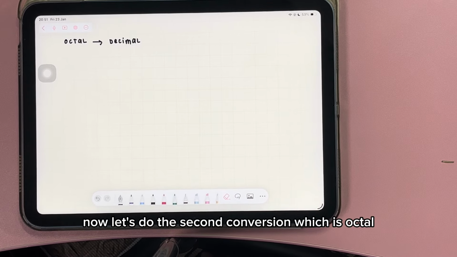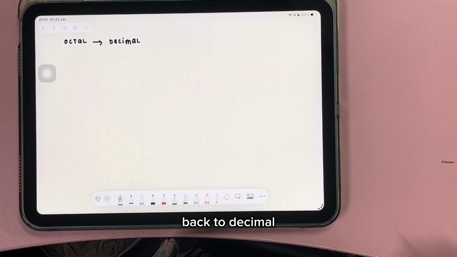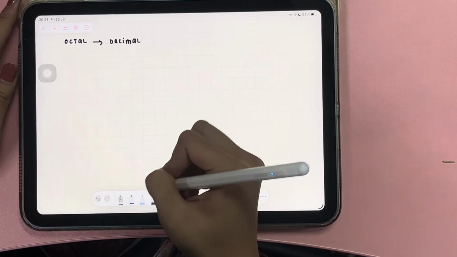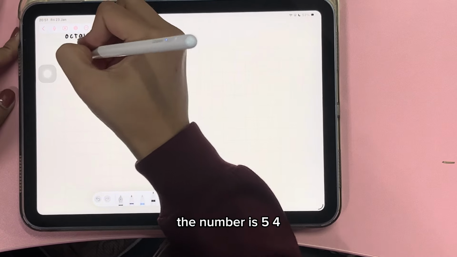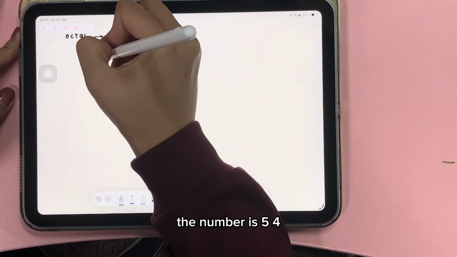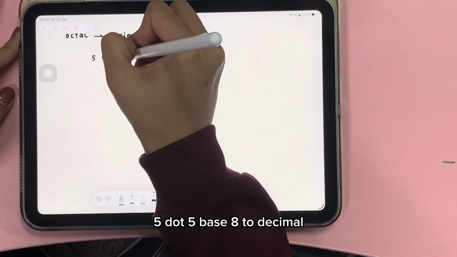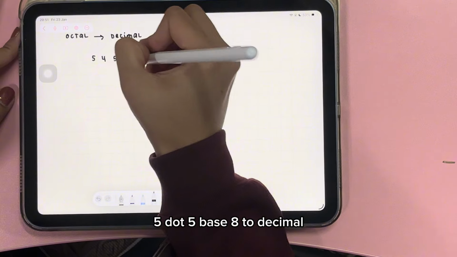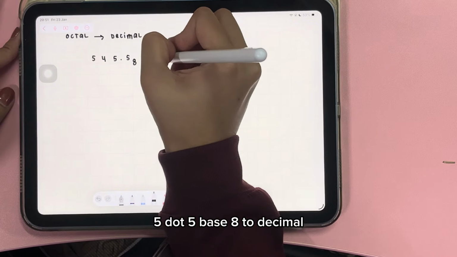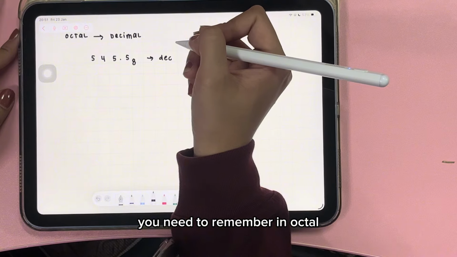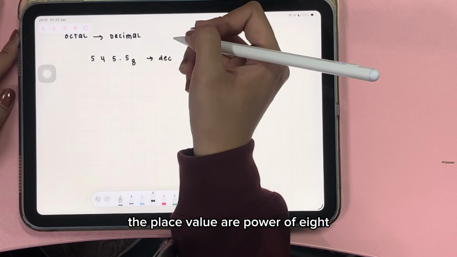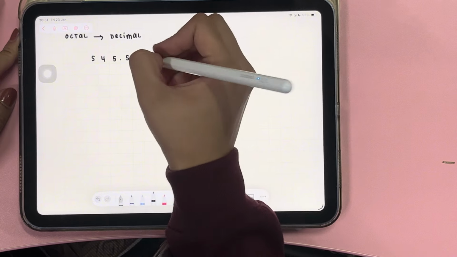Now, let's do the second conversion, which is octal back to decimal. The number is 545.5 base 8 to decimal. You need to remember, in octal, the place values are powers of 8.